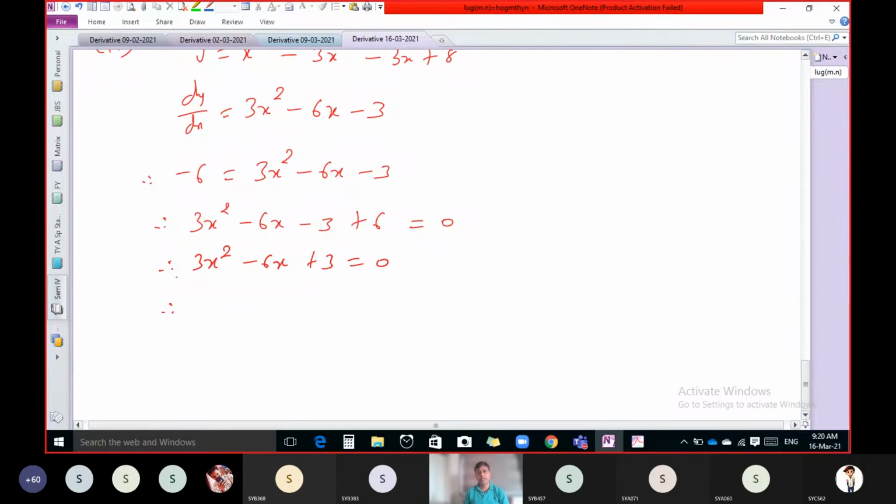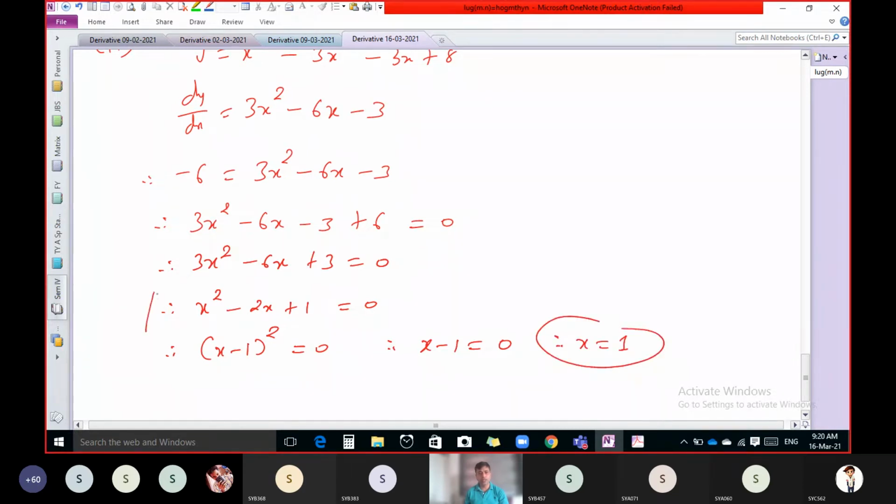Divide by 3. And this is nothing but x minus 1 the whole square. Check it. Take root on both the sides. So we get x minus 1 equal to 0, that means x equal to 1.